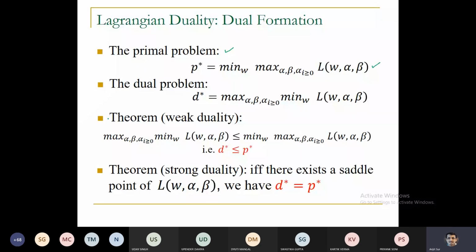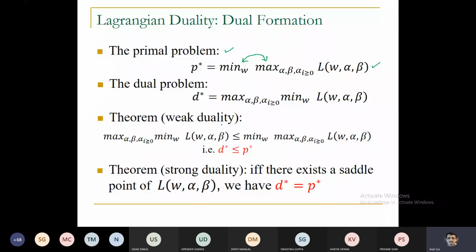And its dual. Now the dual formulation is that you just swap these two things: the maximum over alpha, beta, with alpha_i greater than or equal to 0, of the minimum over w of L(w, alpha, beta). This is d star, just the dual formulation of p star. And now there is a theorem called the weak duality theorem.